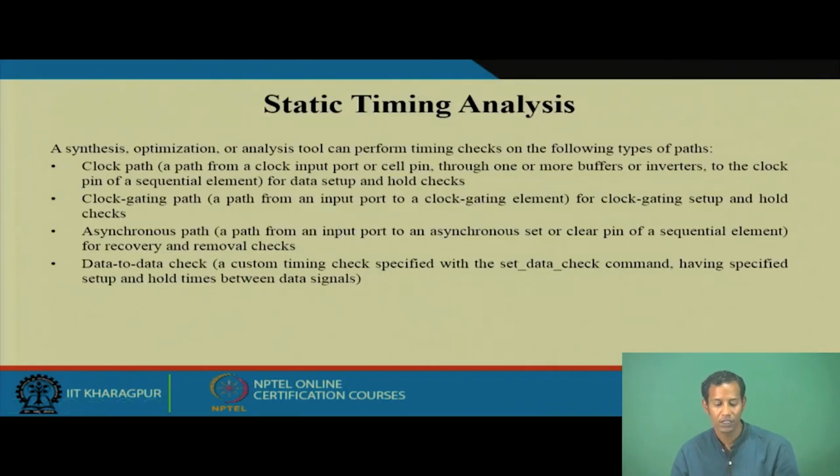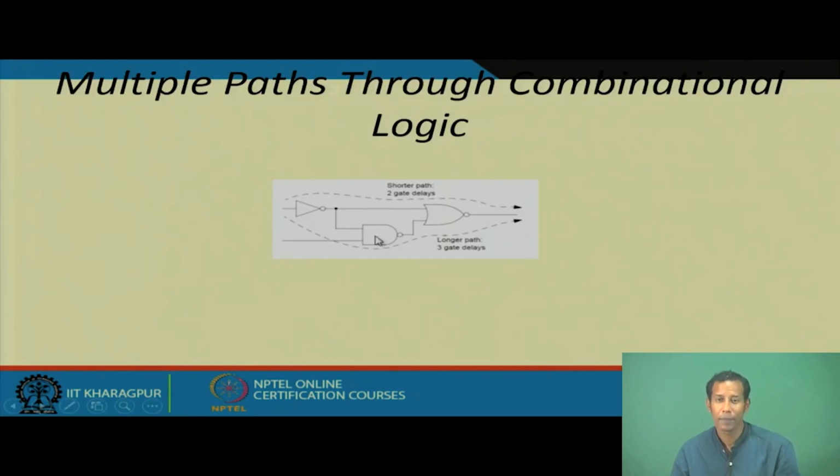So why consider this? There may be this kind of paths, more than one path available from input to output, and the timing information of every one of these paths you have to calculate using static timing analysis.